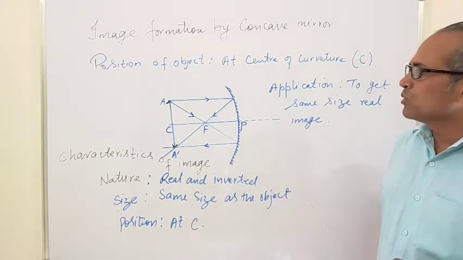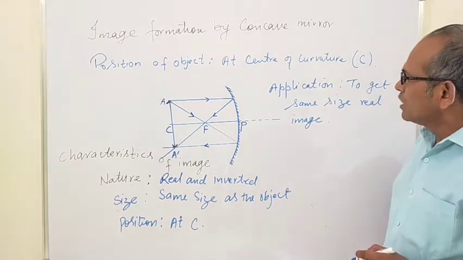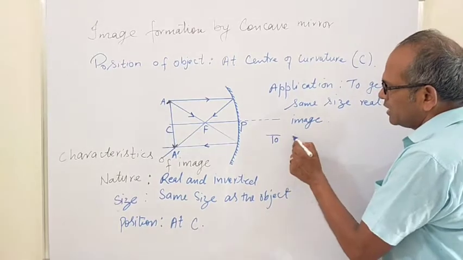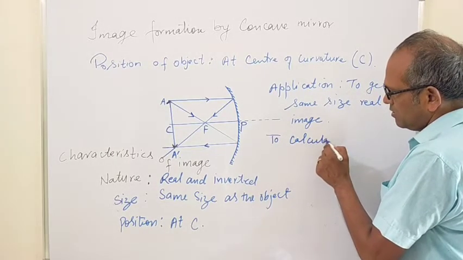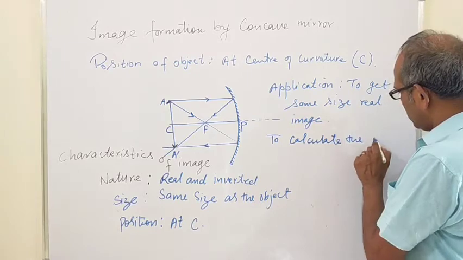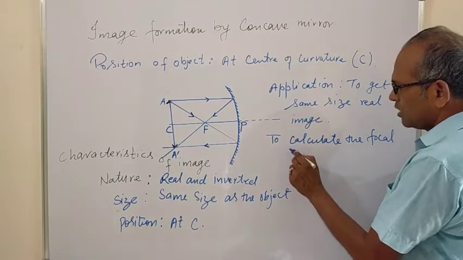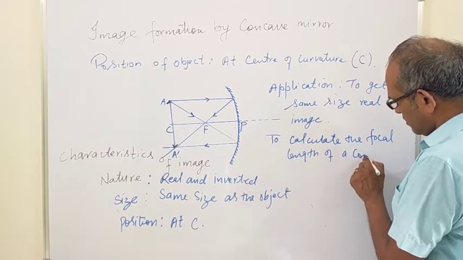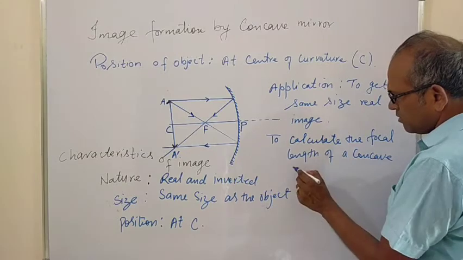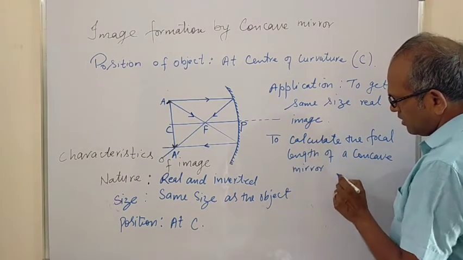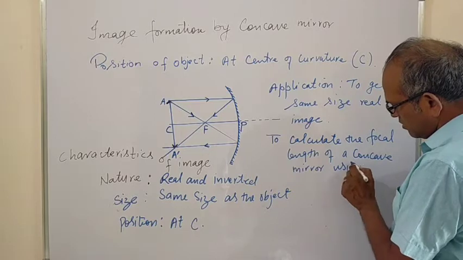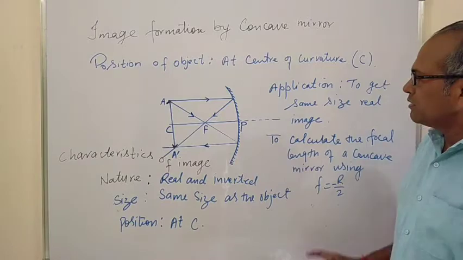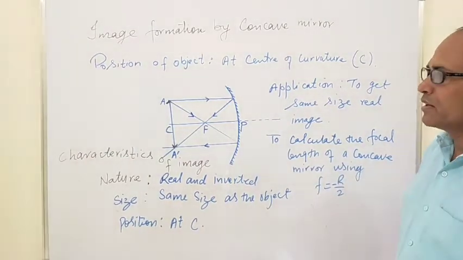Since we know that R is equal to 2F, or F is equal to R upon 2, we can use this to calculate the focal length of a concave mirror using the F is equal to R upon 2 formula. Okay, you can calculate the focal length of that mirror also.